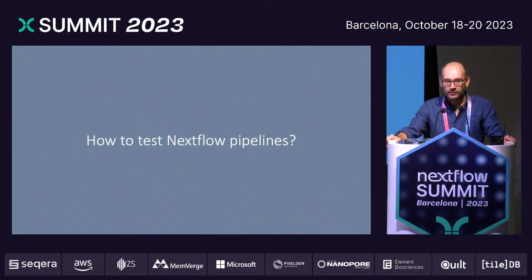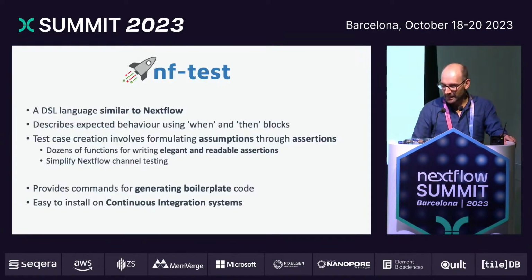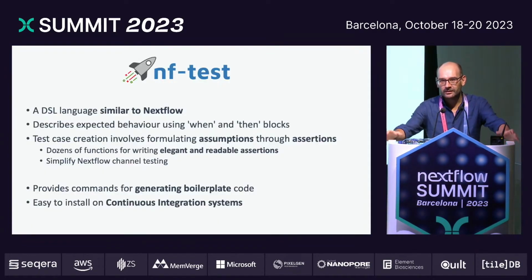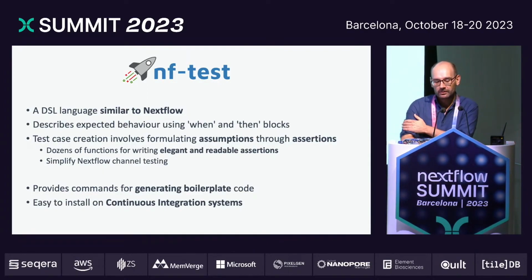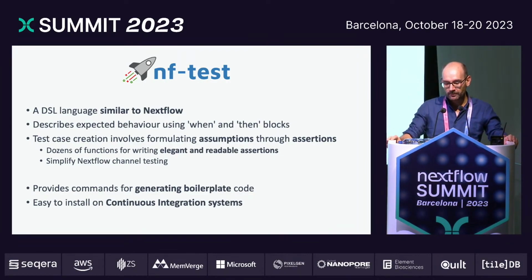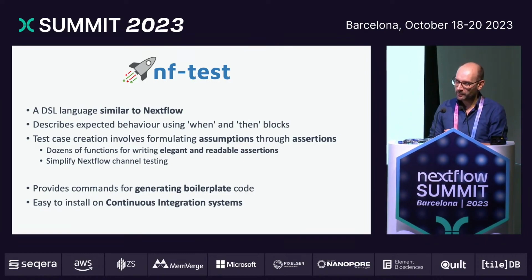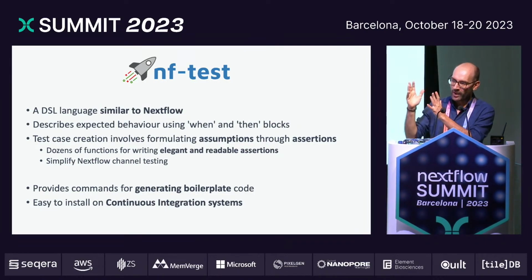To address this problem, we developed NF-test. The idea of NF-test is to create a domain-specific language that is as similar as possible to the Nextflow language. The main idea is that we describe the expected pipeline behavior by using different blocks, the when block and the then block.